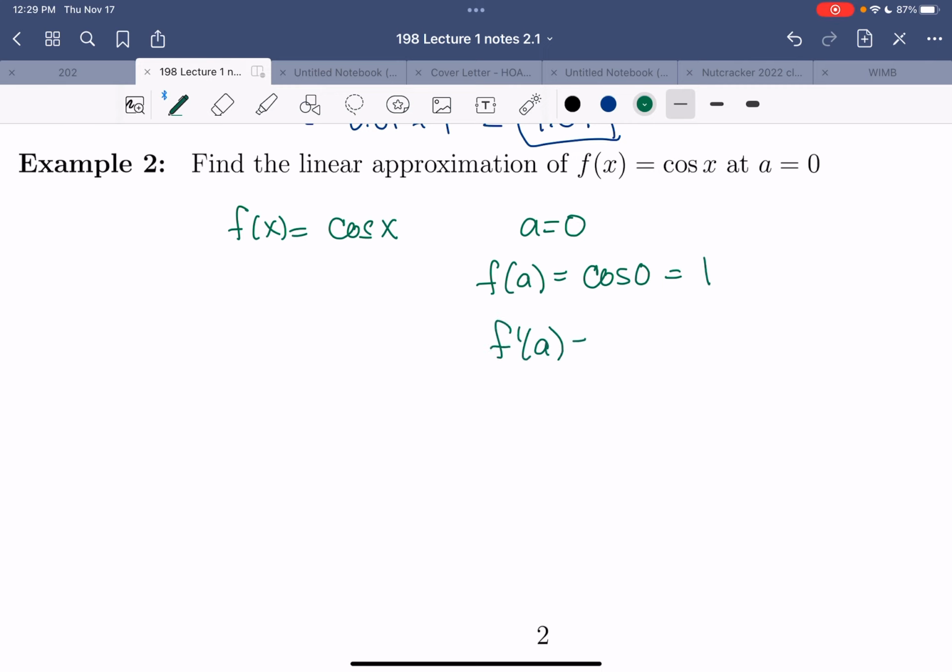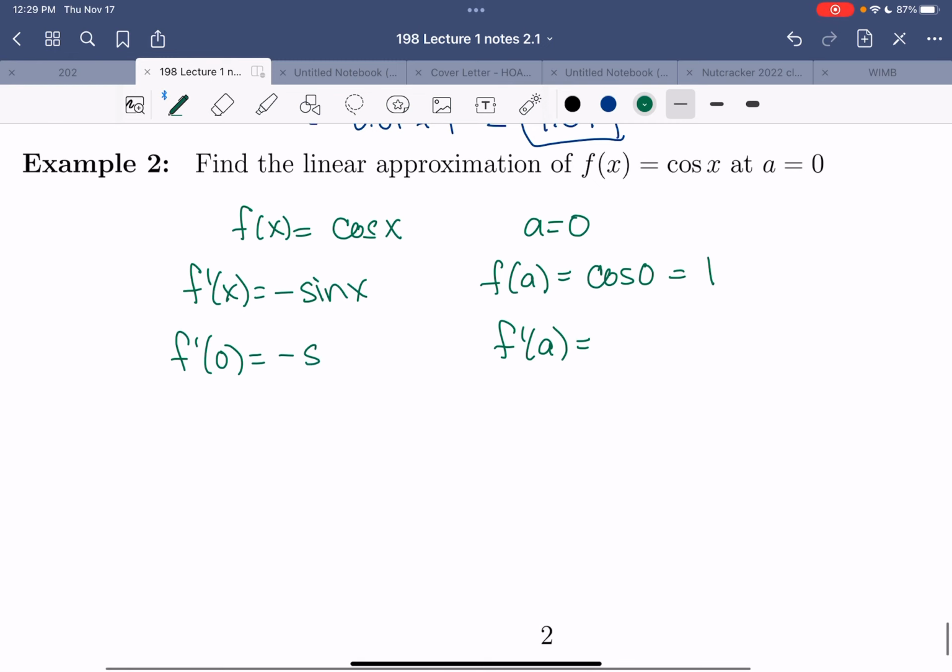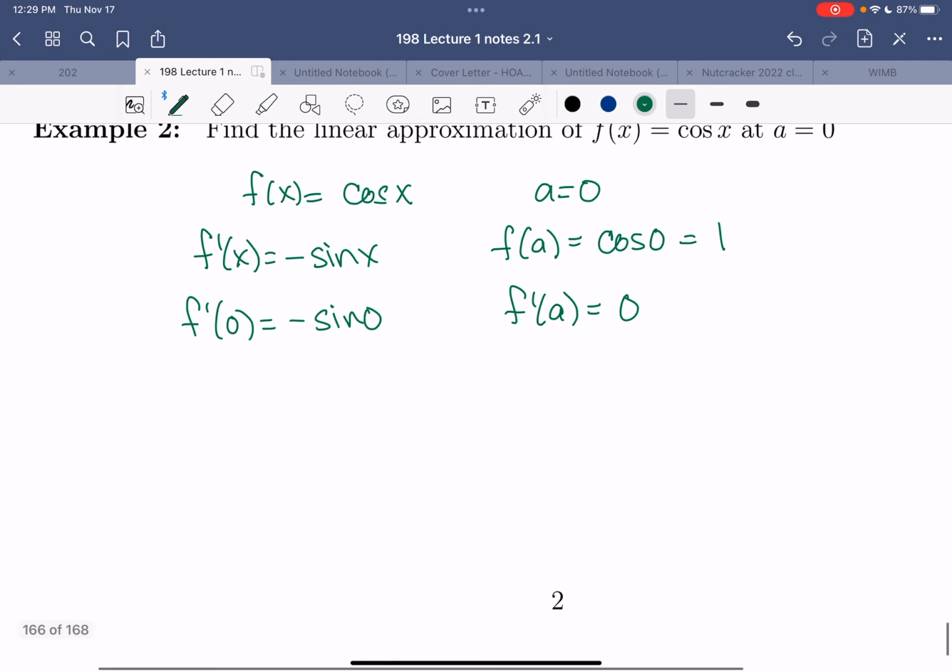And then we need the f prime at a. You don't need a c value here because you're not approximating for a value. That means I need to take the derivative first. The derivative here is negative sine x. And so when you plug in 0, you get negative sine of 0, and the sine of 0 is 0. Then you have your three values that you can use to find your L of x.